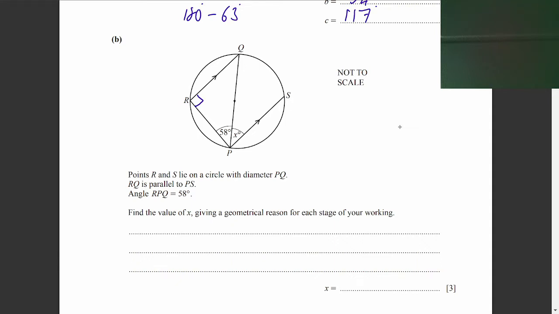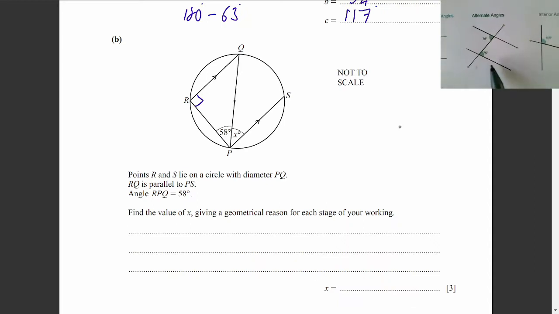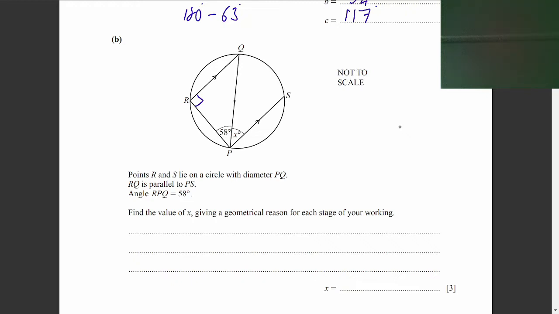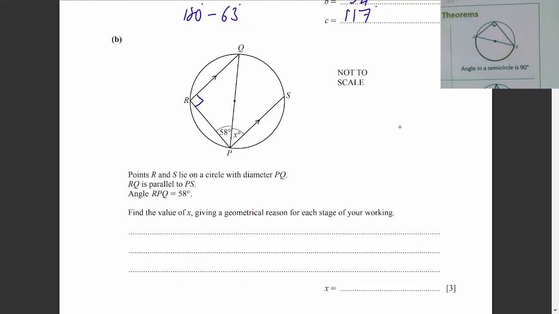RQ is parallel to PS. Again, we're going to be looking at corresponding, alternate or interior angles. Find the value of X, giving a geometrical reason for each stage of your working. So as we see, we already got that angle is 90 degrees. We need to state it and give a reason why we said that. It's not just enough this time to mark it.